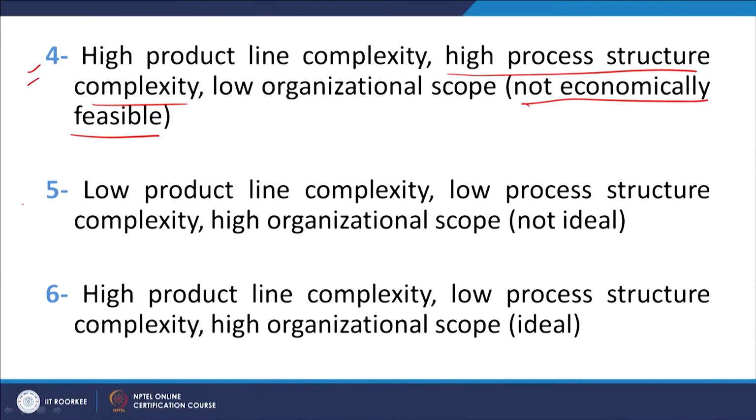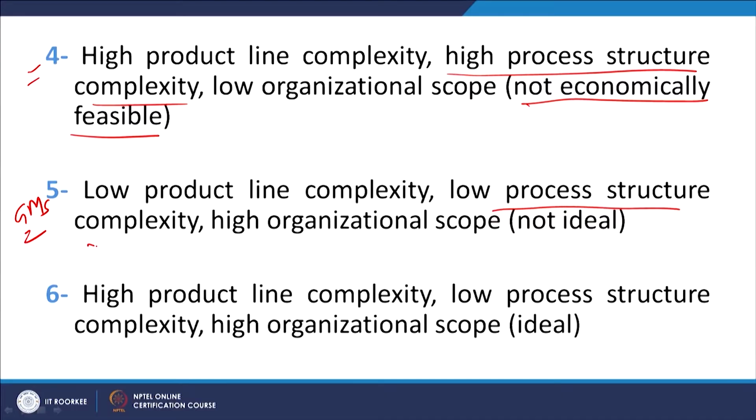Then another generic manufacturing strategy, the fifth one, is low product line complexity, low process structure complexity and high organizational scope. Now, you have low product line complexity, it means you have only a few products, narrow product lines, and low process structure complexity, it means your processes are also not mature, you have a lot of discontinuities in your processes.